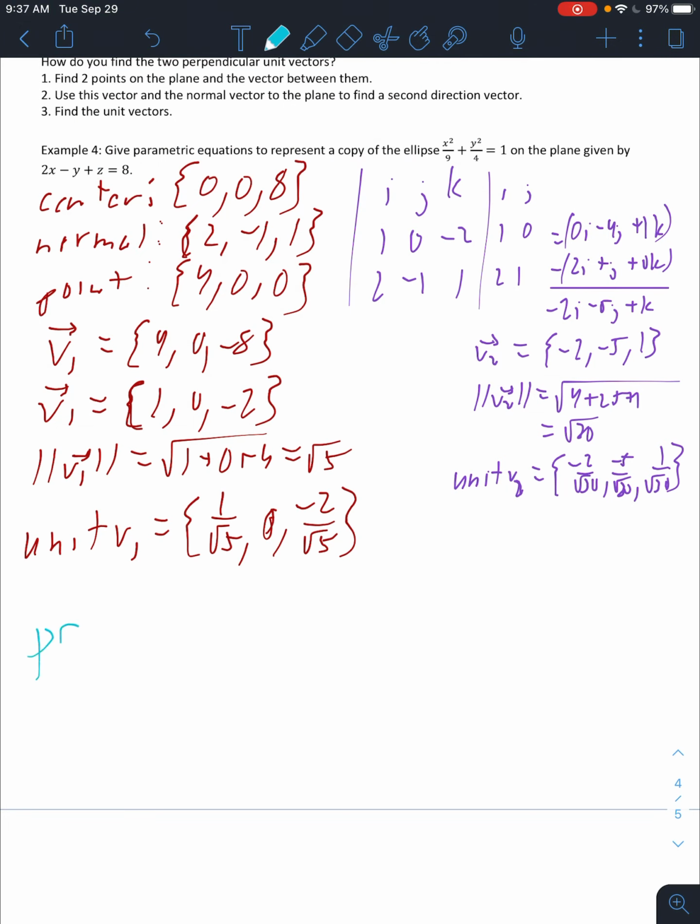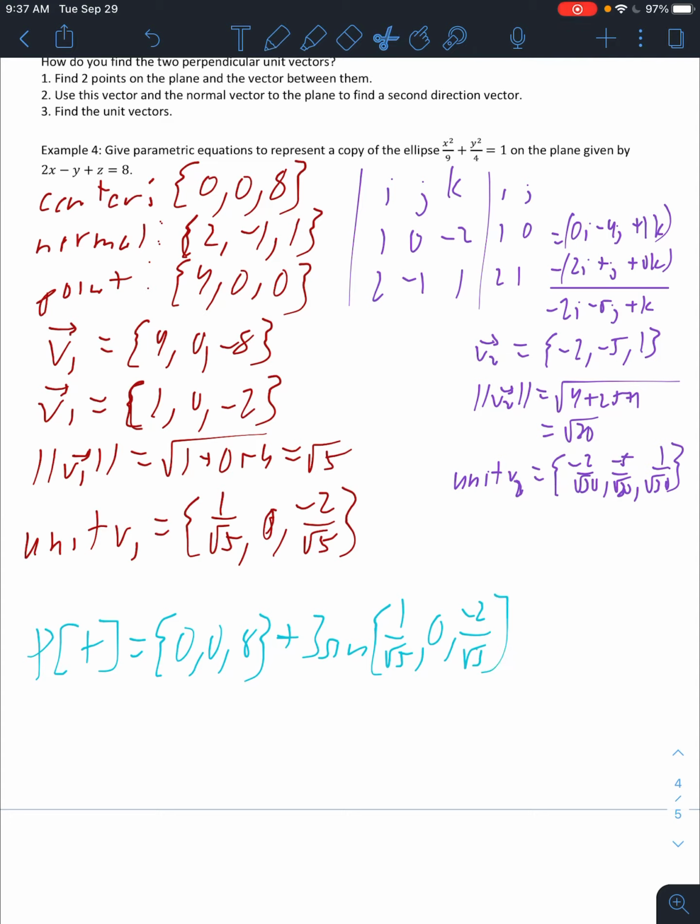So we'll call it P of t. Your center is 0, 0, 8. Look at the radii of the ellipse. The long radius is 3, the short radius is 2. So make sure you put a 3 or a 2 in front of one of these or the other. So we got 3 sine t times unit V1 to make that radius be 3. I forgot my sine t.